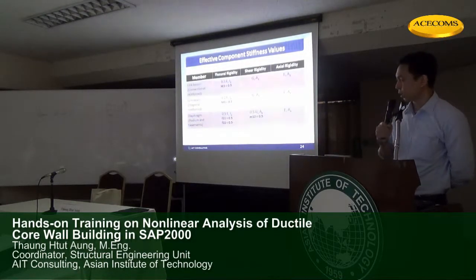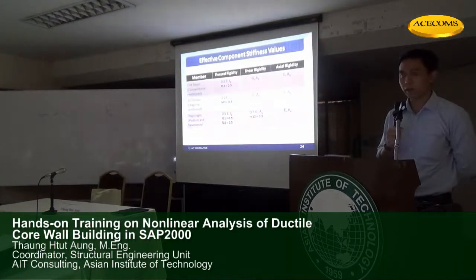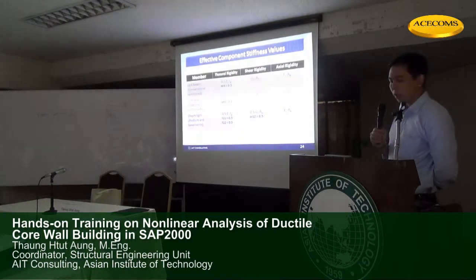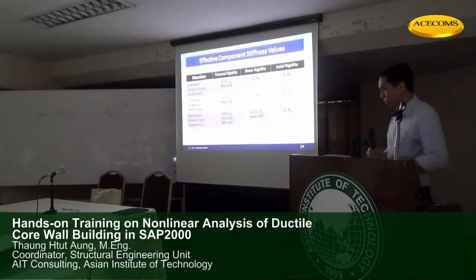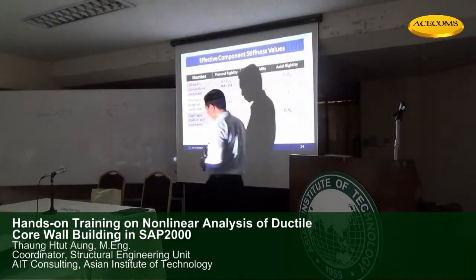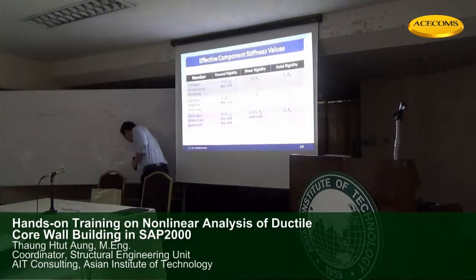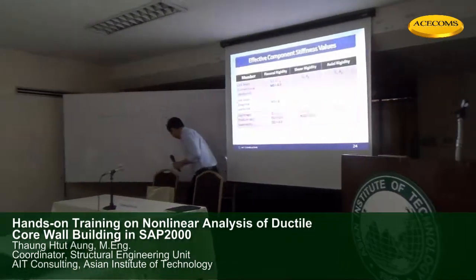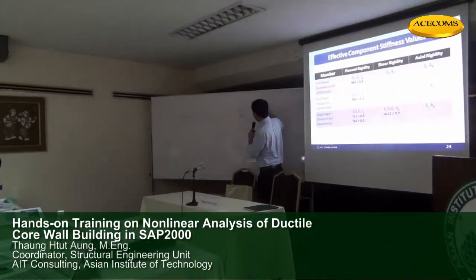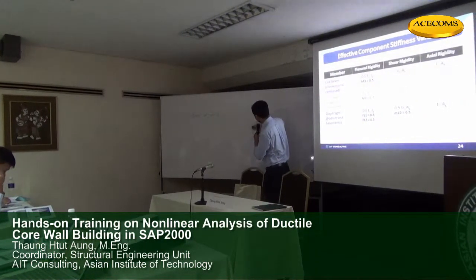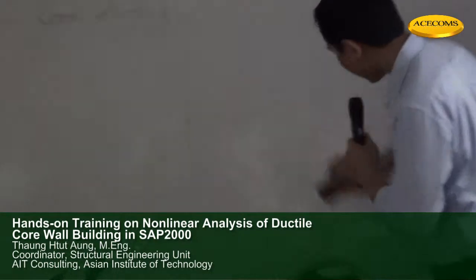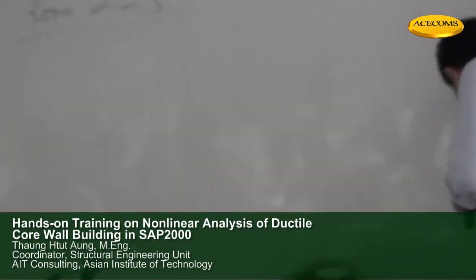In this example, there is no podium level, podium and basement. This is the simple example. But in a real building, we have diaphragms in the podium and basement levels, where we have to take care of the shear transfer.